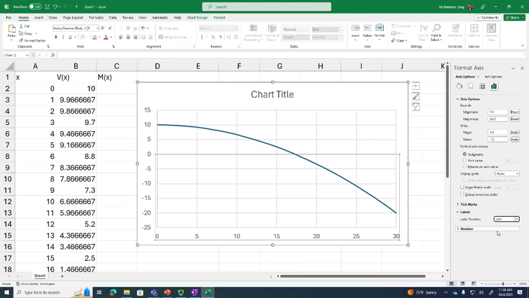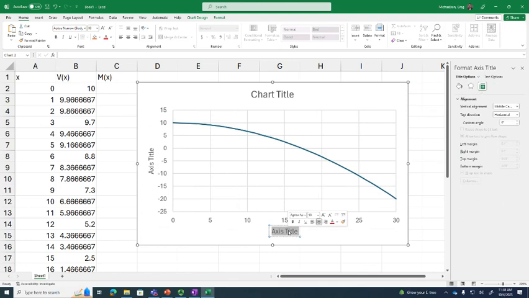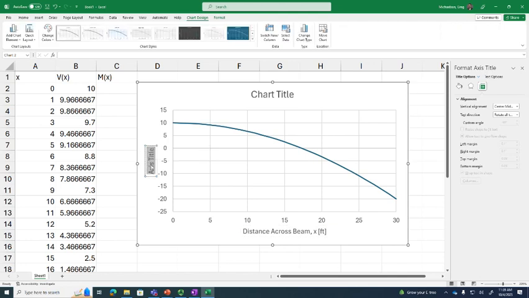The other thing I will do is add some axis titles. This bottom one, we'll call it distance cross beam. We'll call that in feet. We'll call this shear.